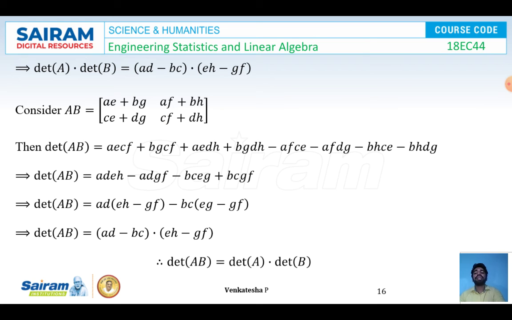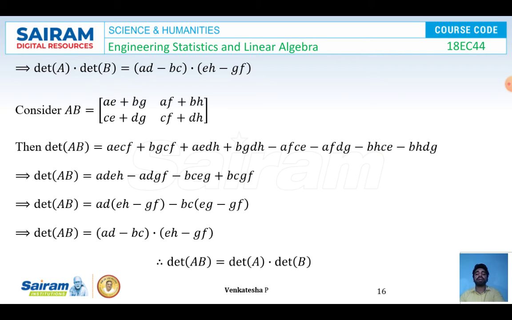So I got the equation AE plus BG into CF plus DH minus AF plus BH into CE plus DG. After expanding this, we get AECF plus BGCF plus AEDH plus BGDH minus AFCE minus AFDG minus BHCE minus BHDG.